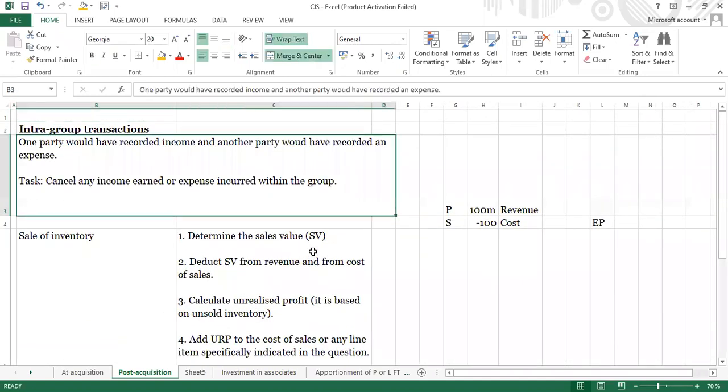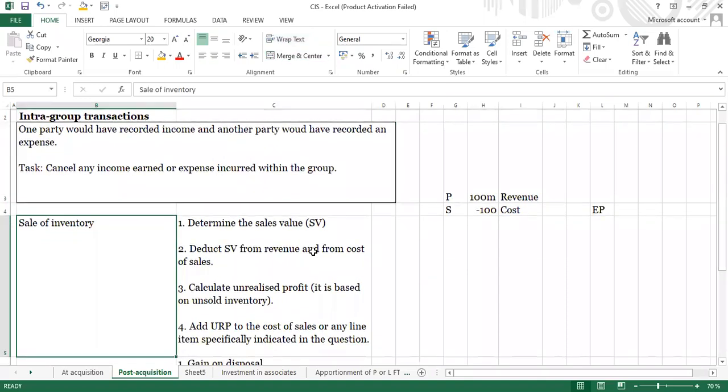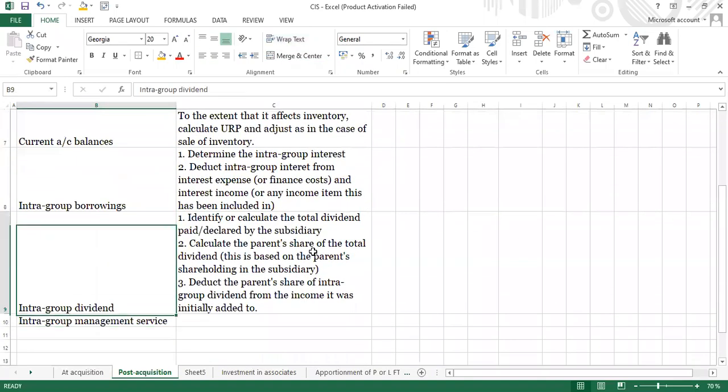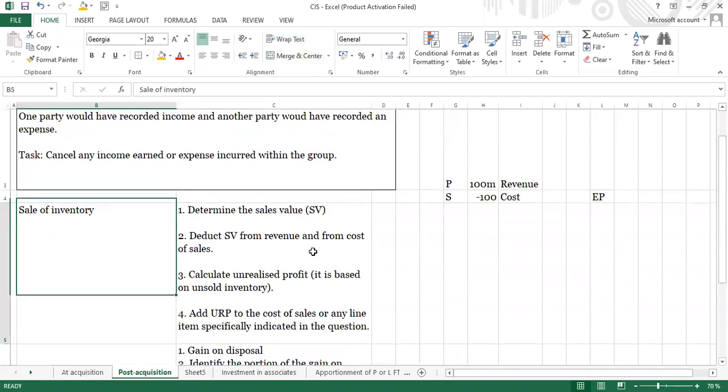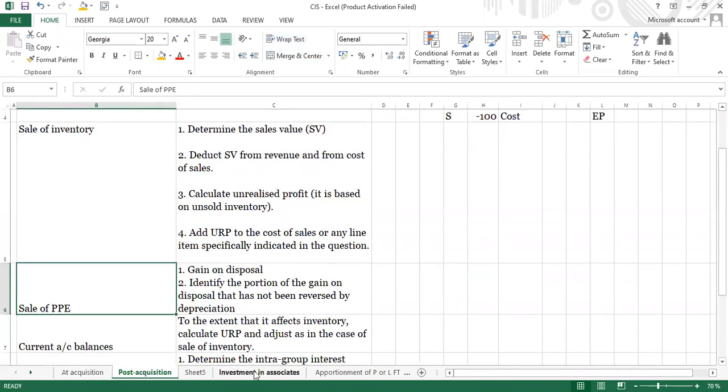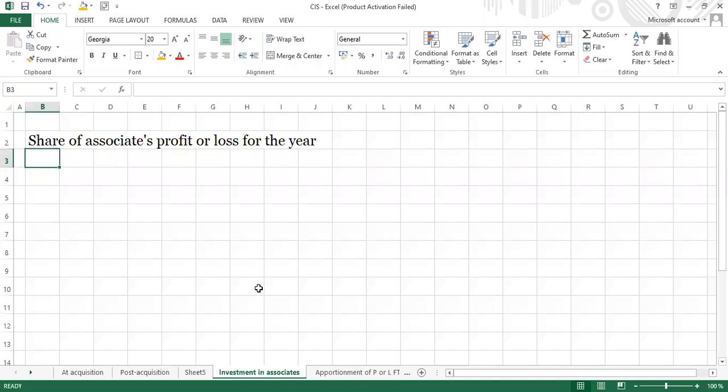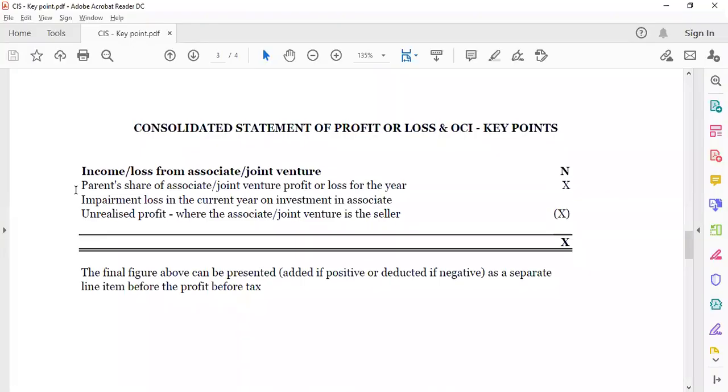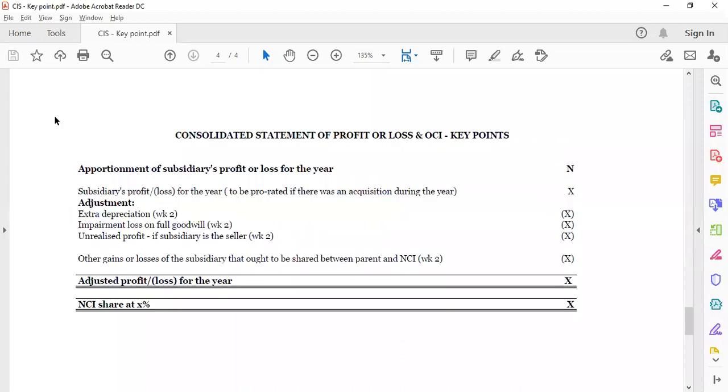Post-acquisition transactions are transactions between the parent and the subsidiary, and they can come in different forms, which we have highlighted. After dealing with post-acquisition transactions, the final aspect is the investment in associates, where we also showed how to calculate the income or loss from the associate. And afterwards, we also learned about the apportionment of subsidiaries' profit or loss for the year.